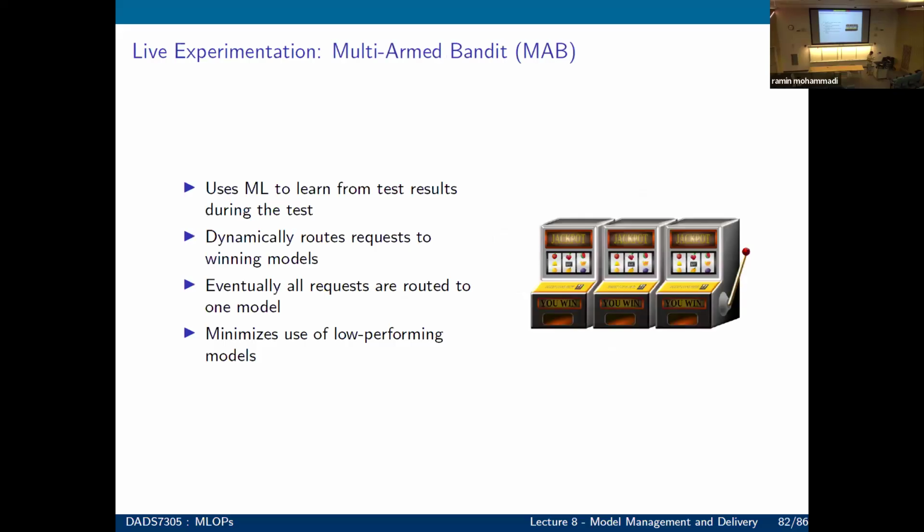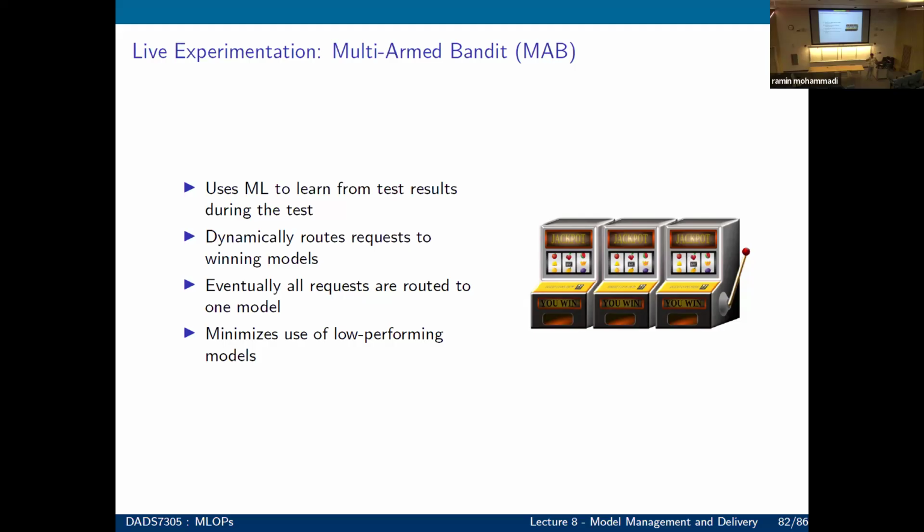And the next one is also live experimentation, and it's called multi-armed bandit. Have you seen this machine before? You pull down the handle, and if you're lucky, you win something. Otherwise, you lose. So the idea here is that you have different ML models. Let's say you have 3 ML models, and you randomly assign traffic to them, so it goes randomly to A or B or C. You monitor the performance of these models, like accuracy, for example.